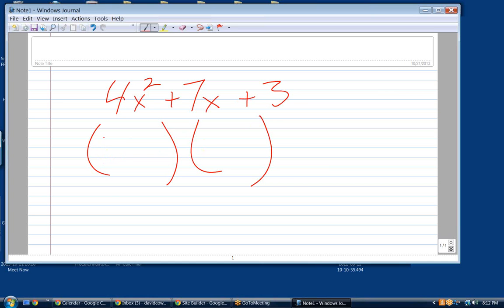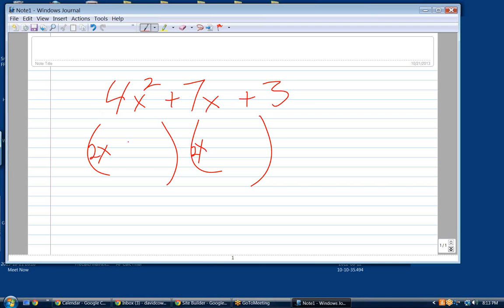X. Well, if I put just x there, then those multiplied together need to produce that term. So it can't be x, it could be 2x and 2x. That produces 4x squared. But notice it could also be 4x and x. In other words, there's a couple of choices for factoring that.